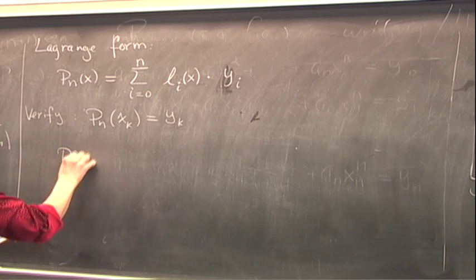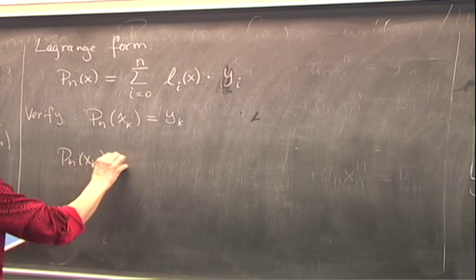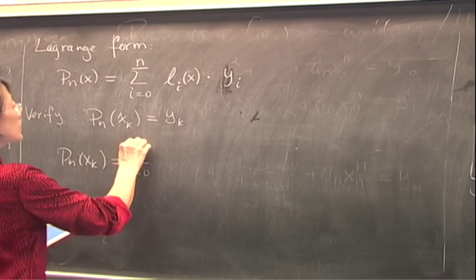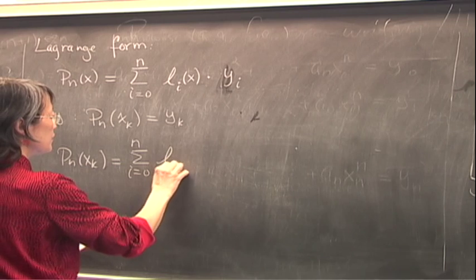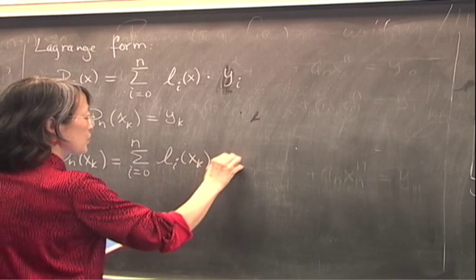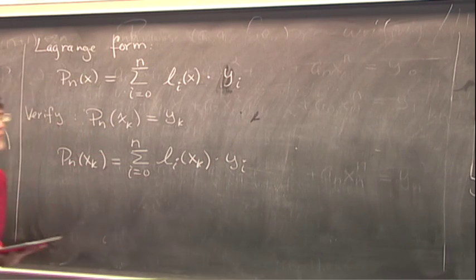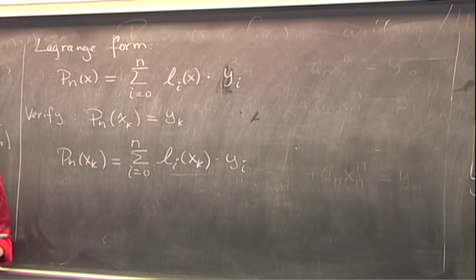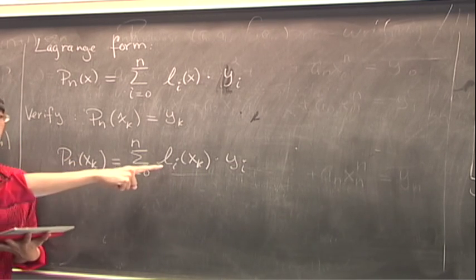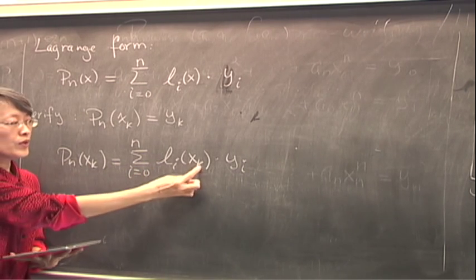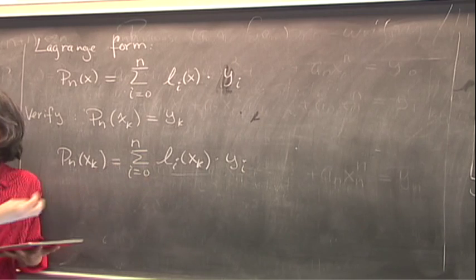What is Pn at xk? The sum over i from 0 to n, Li at xk times yi. Every time you see this expression, you should be very happy because you know most likely it's 0, it can only be non-zero when these two numbers match.